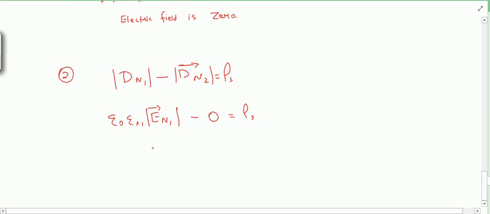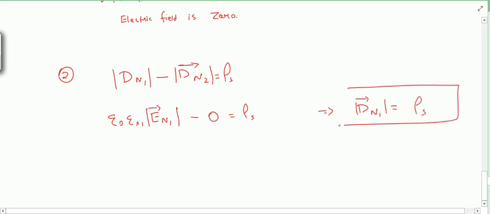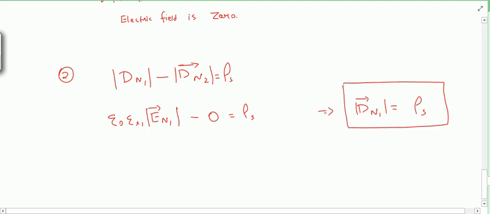So this is 0 is equals to rho s, right? So we can also say that the magnitude of the displacement flux density on the medium 1 will be equals to the surface charge density on the boundary surface. And similarly you can find the normal component of electric field in the medium 1 by this expression, right?